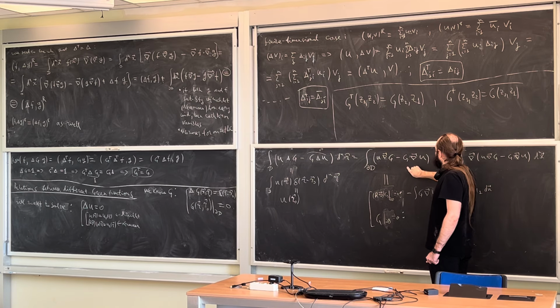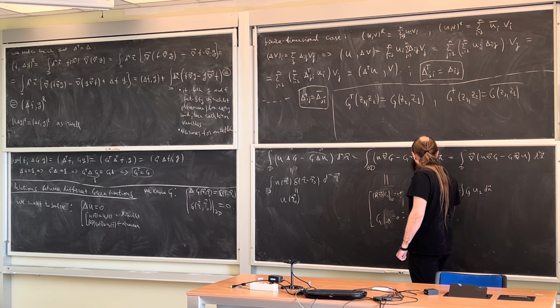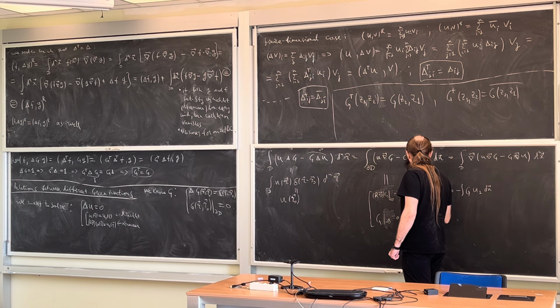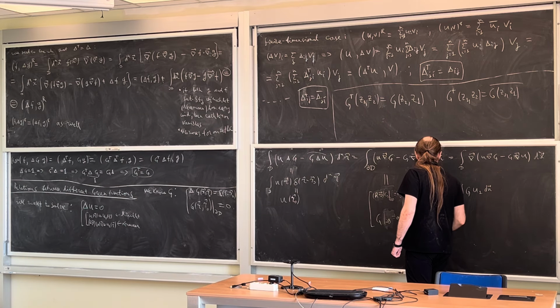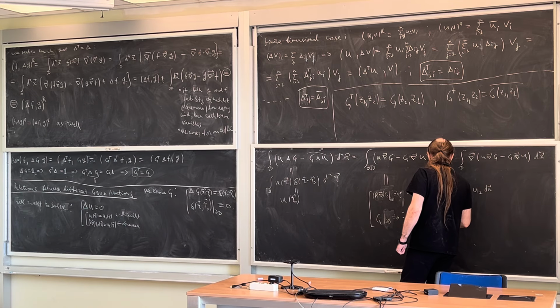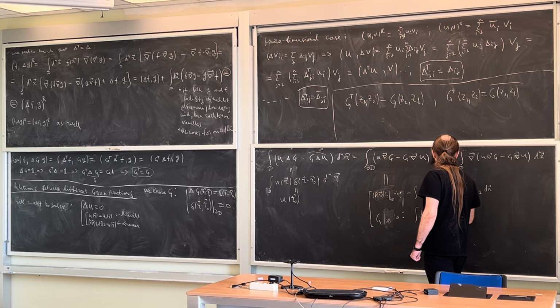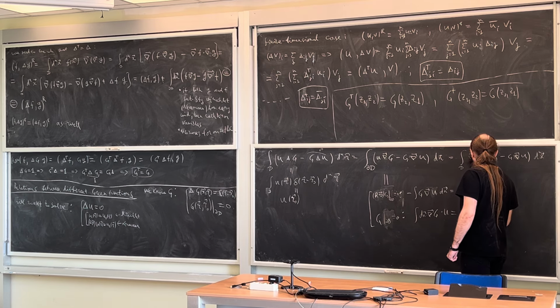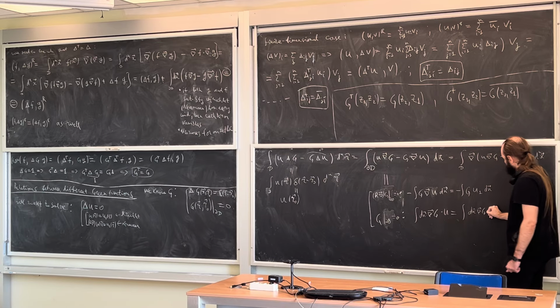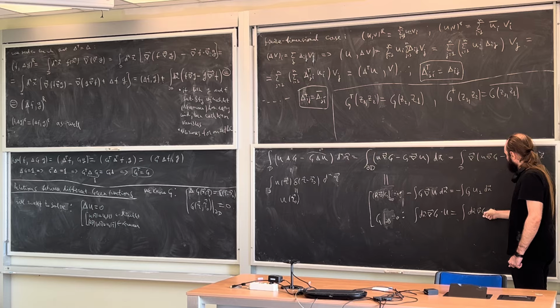Then this term disappears and this one survives. So this integral equals the integral of dn gradient g times u, which is the integral of dn gradient g times u0. It's this Dirichlet boundary condition.